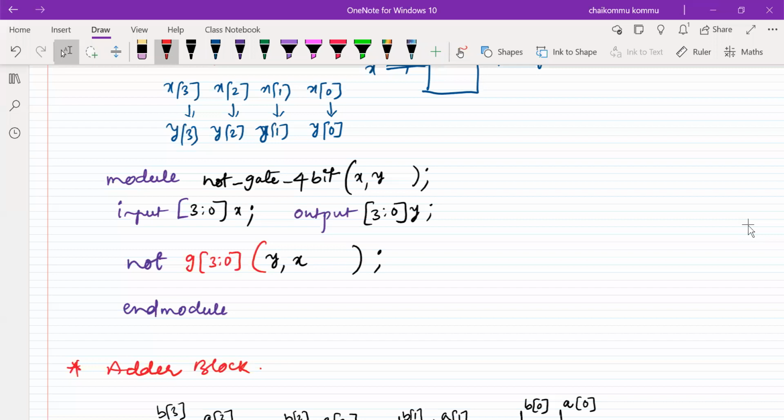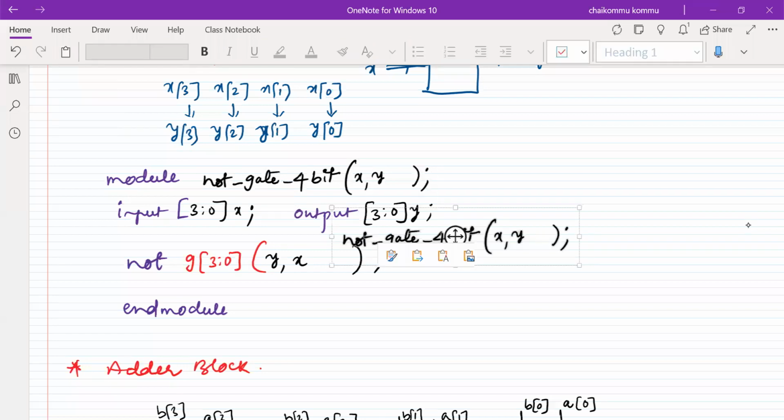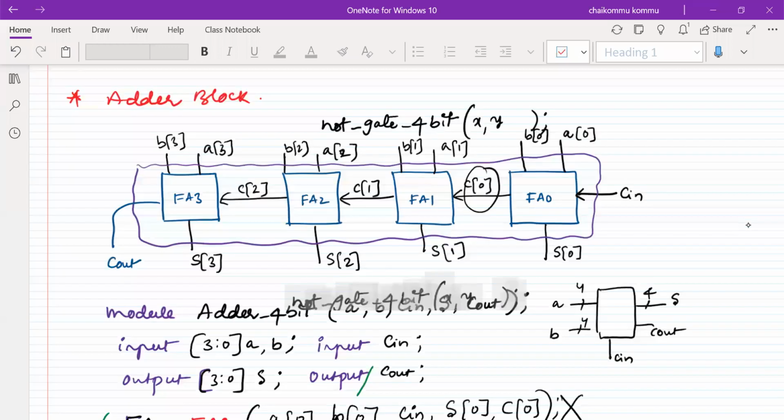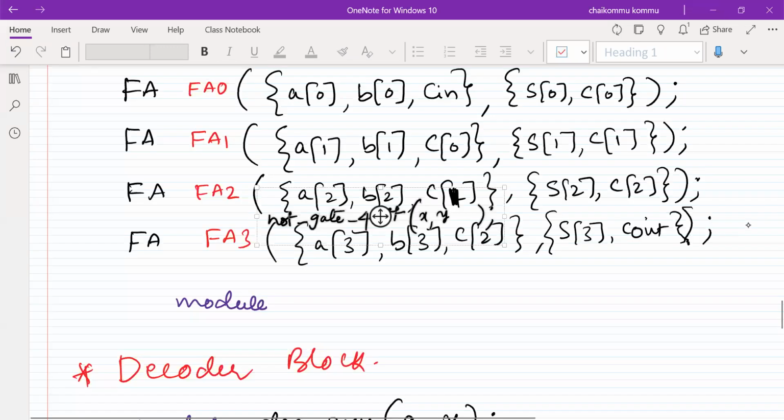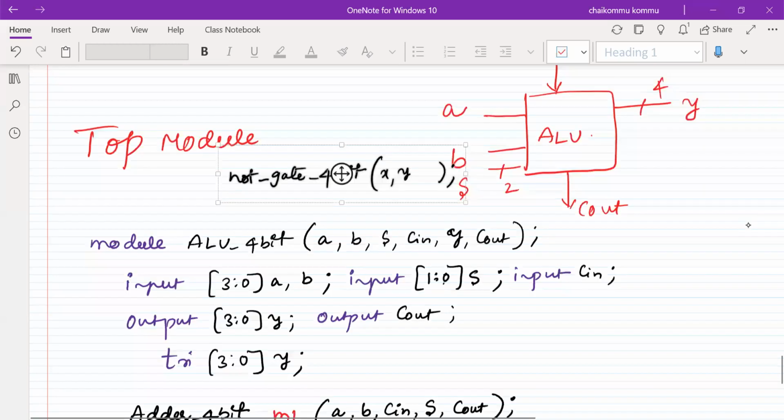Again, I am going to copy and paste. Why is it not copied directly at this point?